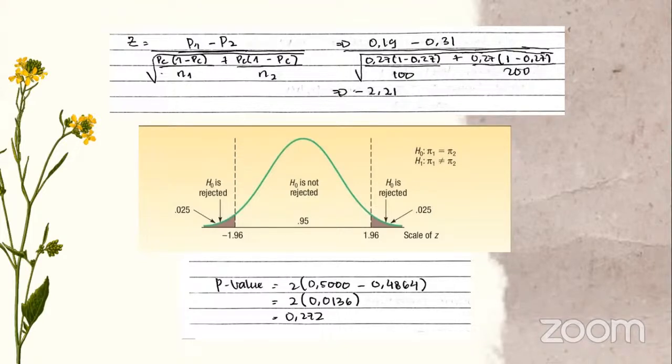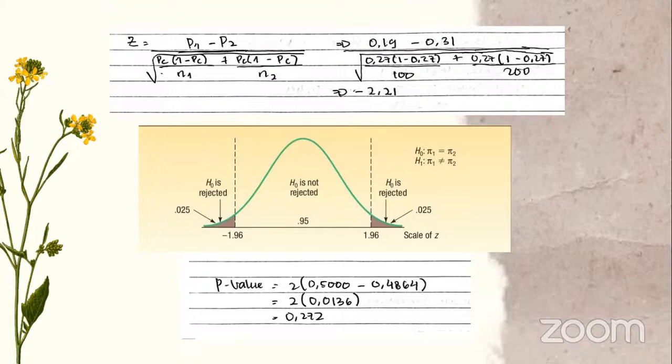To find the p-value, we look up the z-value corresponding to 2.21, that is 0.4864. You can see on the screen how we find the p-value: 2 times 0.5000 minus 0.4864, which is 0.0136.